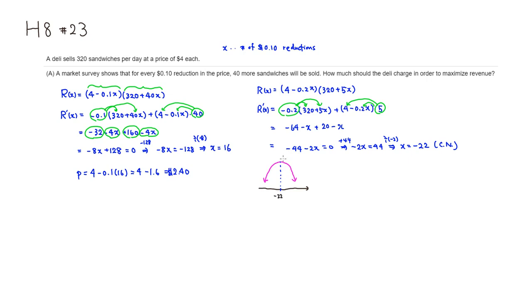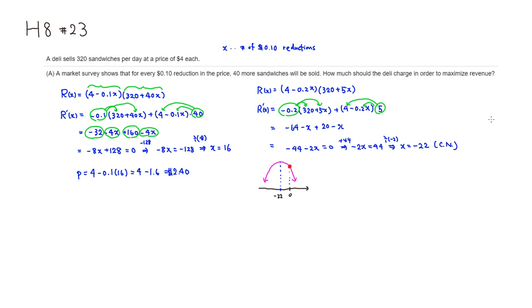But we're starting at the base price of 4 with no reduction, which is here at 0. You can see that the highest point, if you're talking about price reduction, is no reduction, which gives you the highest revenue. So if you give no reduction, the price is going to be $4.